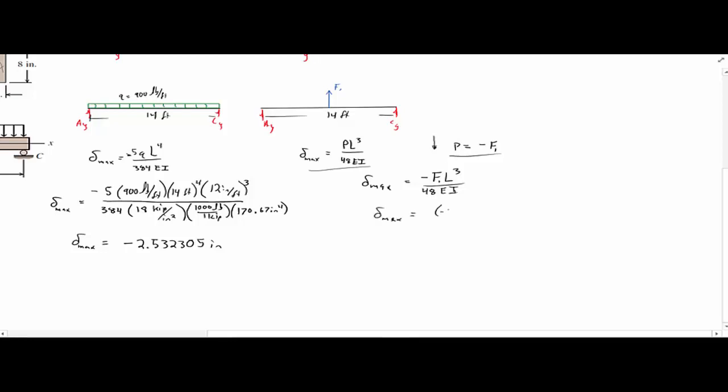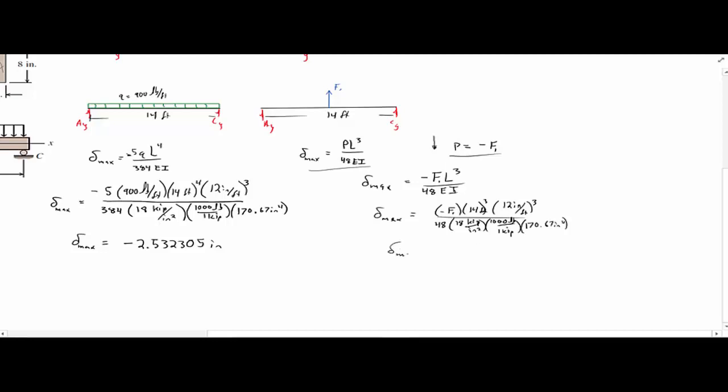Deflection max will be, and we'll plug all of our values in. We get negative F sub 1 multiplied by the length, which is 14 feet cubed. And do a unit conversion, so this will be 12 inches per foot cubed divided by our 48, and then we'll have 18 kips per inches squared multiplied by 1,000 pounds per kip multiplied by 170.67 inches to the fourth.